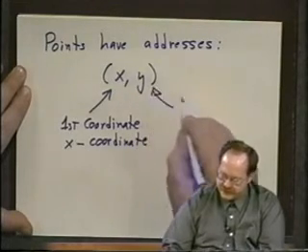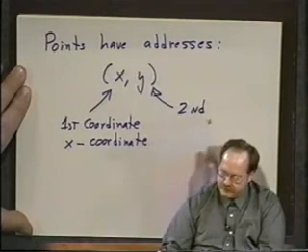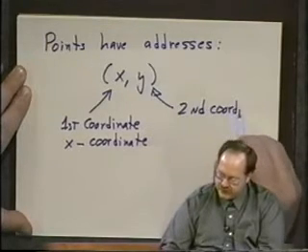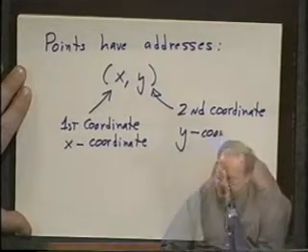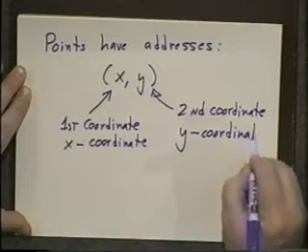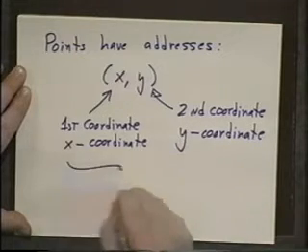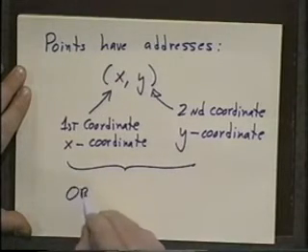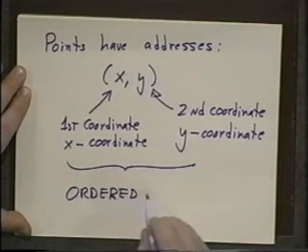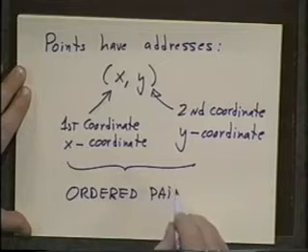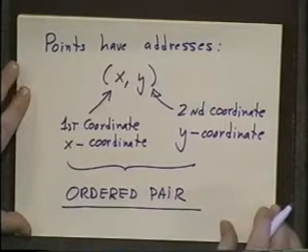And likewise, this is the second coordinate. And the order matters here, also called the y coordinate. And this pair is referred to as an ordered pair for obvious reasons. The numbers are ordered. Which one comes first matters.